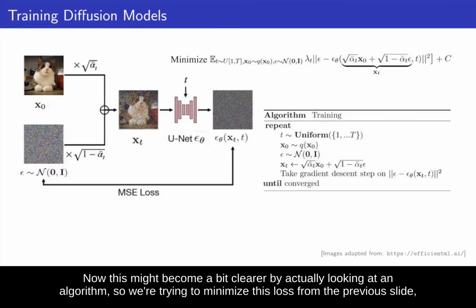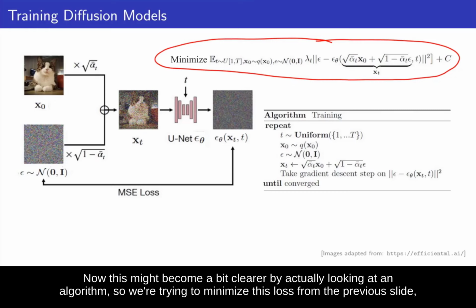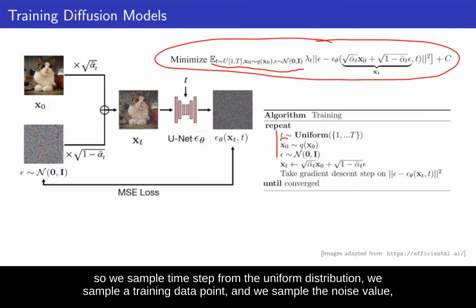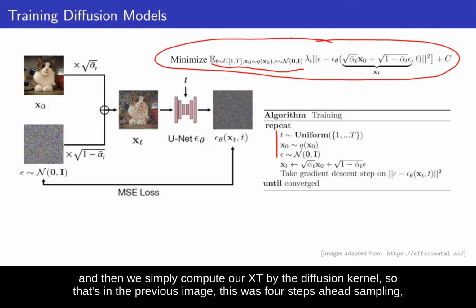Now this might become a bit clearer by actually looking at an algorithm. So we're trying to minimize this loss from the previous slide. Because it's an expectation over various quantities, we do so by sampling these quantities. So we sample a time step from the uniform distribution, we sample a training data point, and we sample a noise value. And then we simply compute our xt by the diffusion kernel.